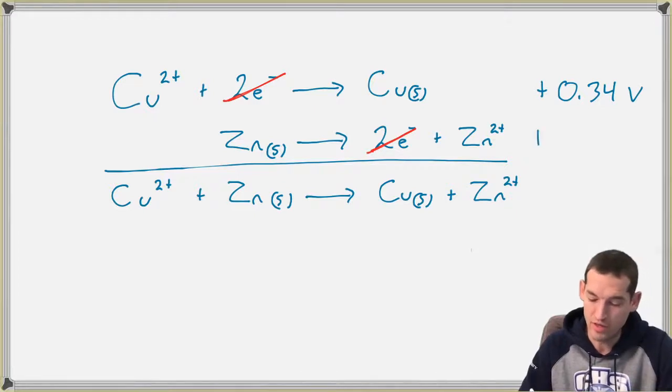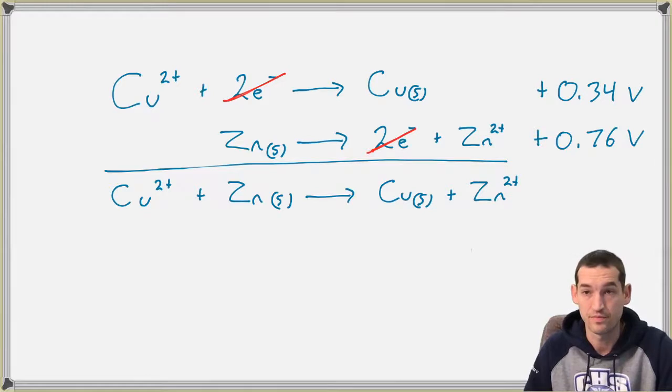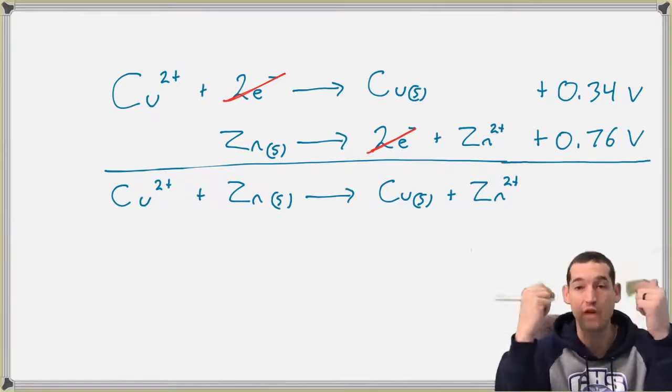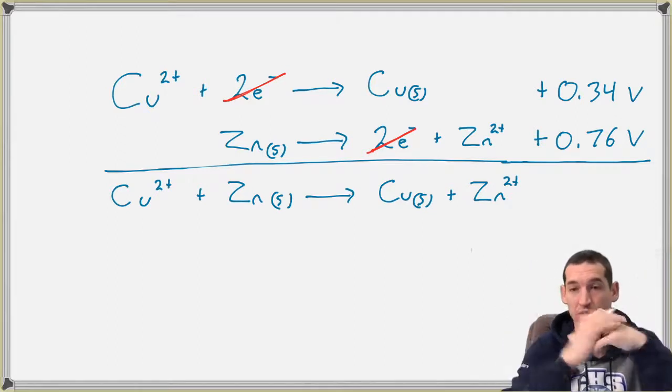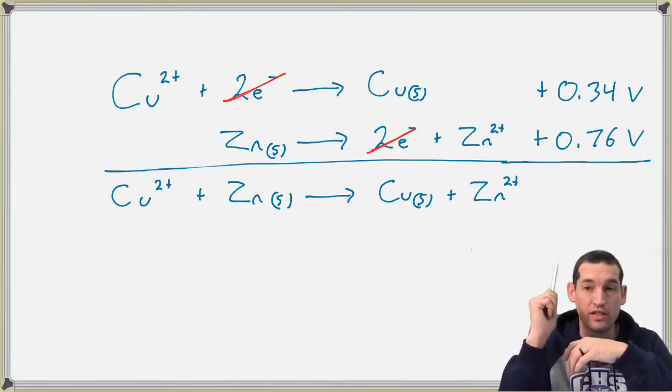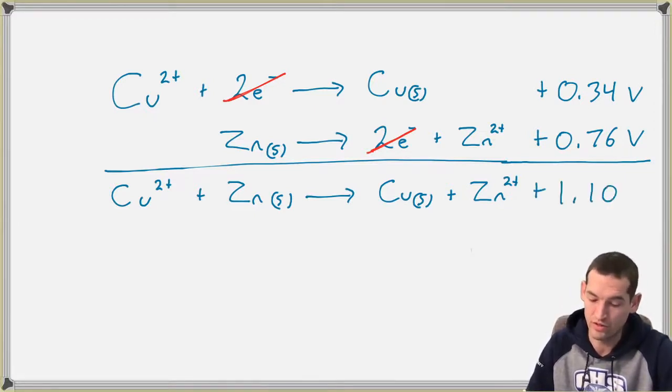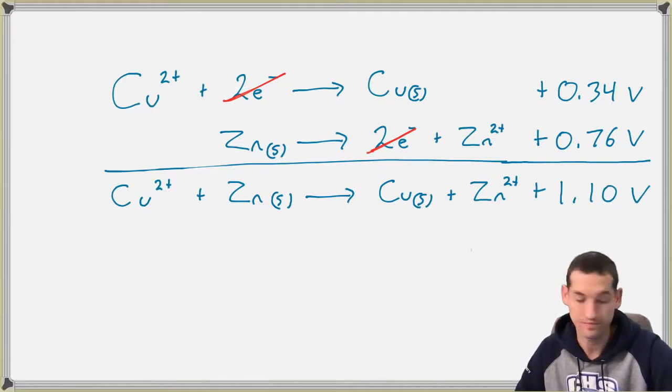So now that's a positive 0.76 volts. Okay? Which means because we could combine these two half reactions, we balance the electrons and combine them, we can also combine these voltages. So that means that this cell has a positive 1.10 volts.